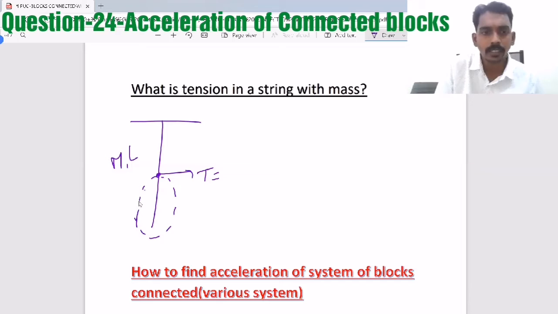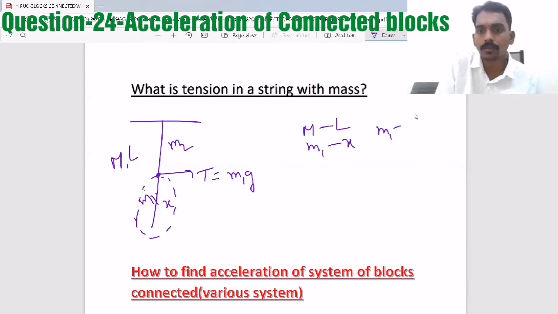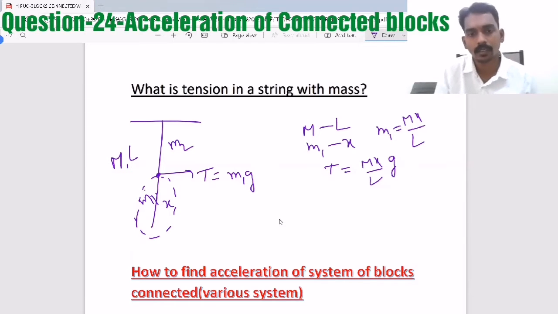Let's take this part as M1 and this as M2, then T equals M1 g. M is the mass for the total length, and M1 is the mass for a length X, so M1 becomes MX by L, cross multiplied. Then tension equals MX by L into g.